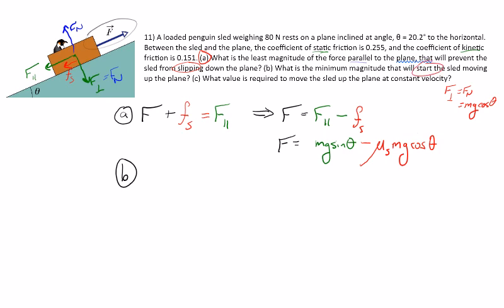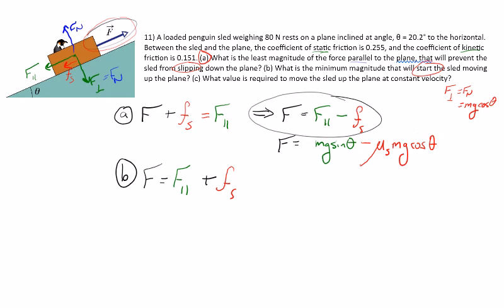So here's basically what's happening: now my force is going to equal the sum of those two. It looks almost the same as what I just did here in part A, but now it's equal to the sum of the two things because they're both acting against that force. And the numbers are actually going to be the same. So mg sine theta plus mu s times mg cosine theta, we're all good.